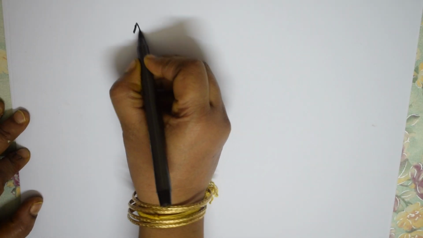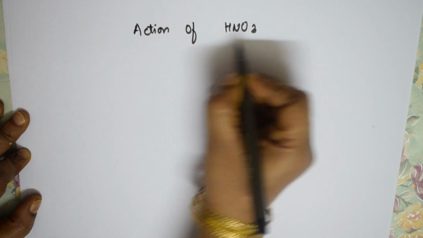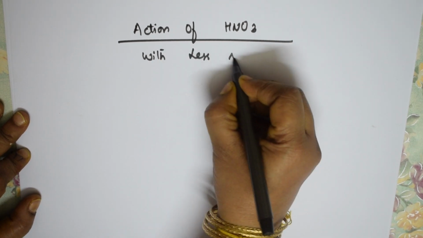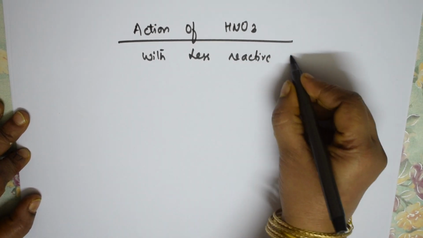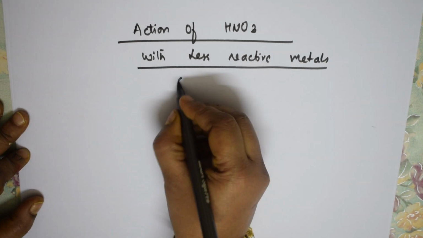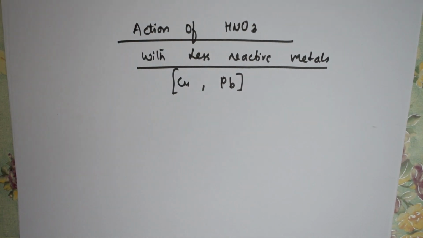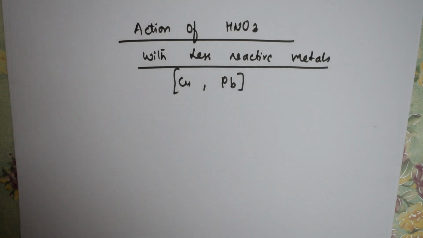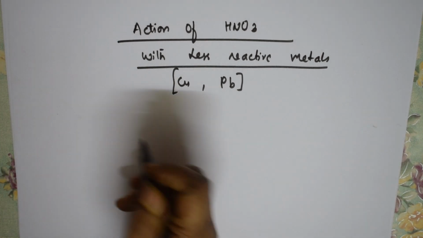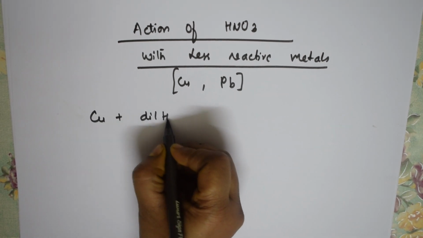So, let us write action of HNO3 with which one? With less reactive metals. Less reactive metals. So, less reactive metals means what? What did we say? Just now, you can either use copper. Copper is one less. Lead. There below. Correct, no? Yes, in the reactivity series. Okay. I'll be doing the mechanism as I said in the next video. Remember. Suppose if I take copper, I am using dilute HNO3 to this.